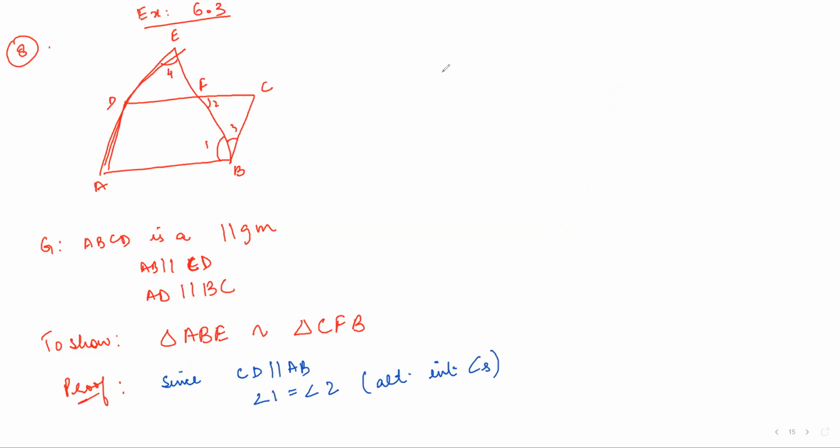Now look at this side. ABCD is a parallelogram, Sarah. So basically AD is parallel to BC, right? Now AE is actually AD produced. Like if we just extend this line, it becomes AE. So if AD is parallel to BC, then obviously AE is also parallel to BC, right?